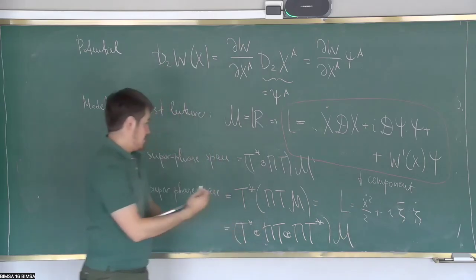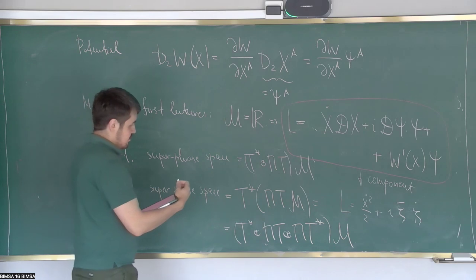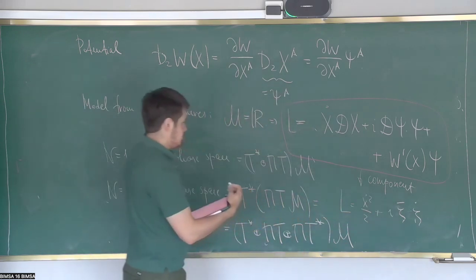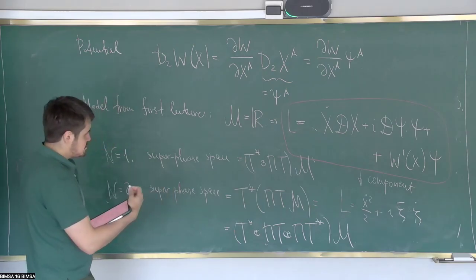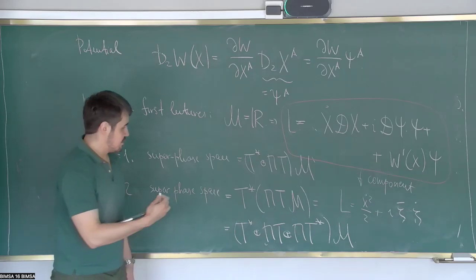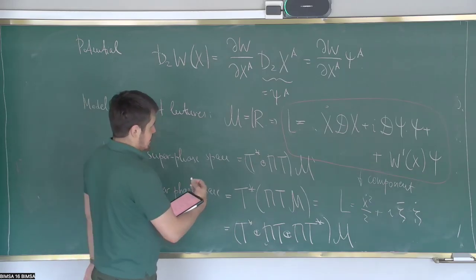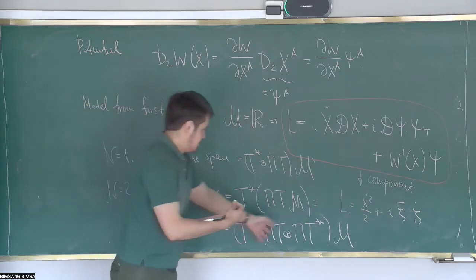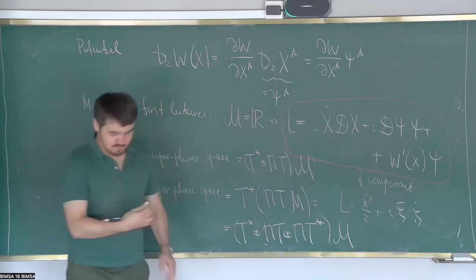So you have a fermion and a section of the tangent bundle, a dual fermion section of the tangent bundle. So fermions are doubled, and in higher N models it will be more complicated. They always live in some bundle over your target space.